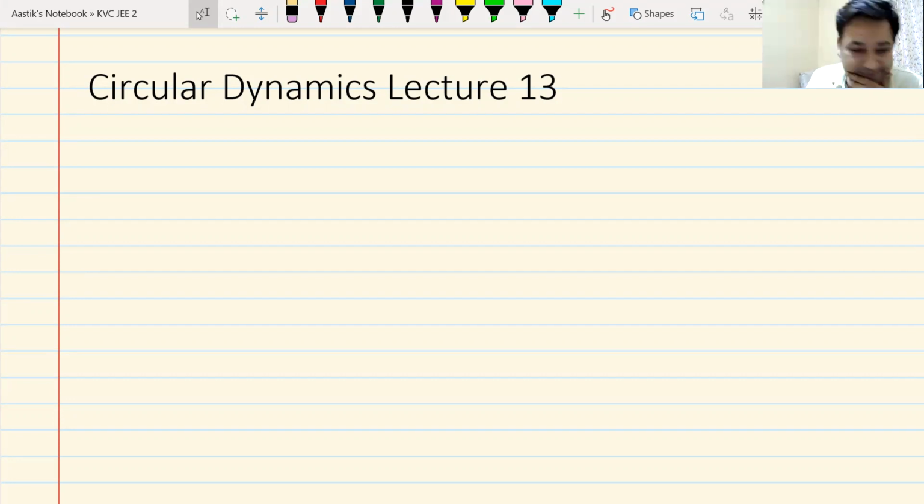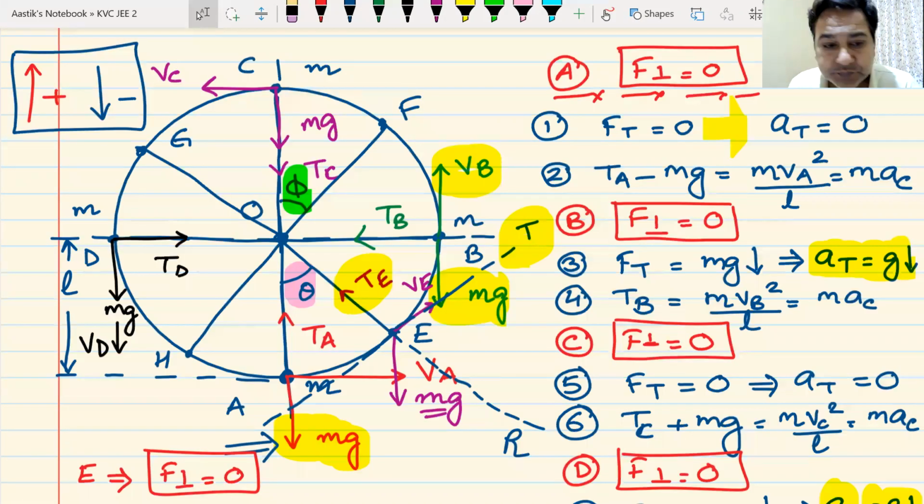Now let us go back to the previous class. We were writing equations for motion in a vertical circle. We had chosen 4 points A, B, C, and D. A the lowest one, B on the diameter, C the top one, and D on the left side of the diameter.